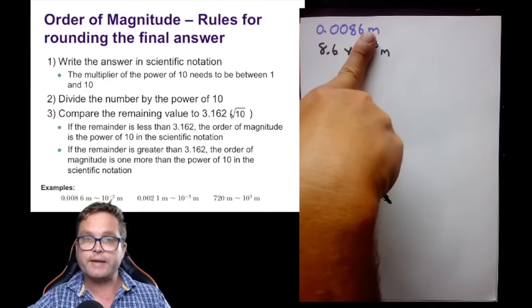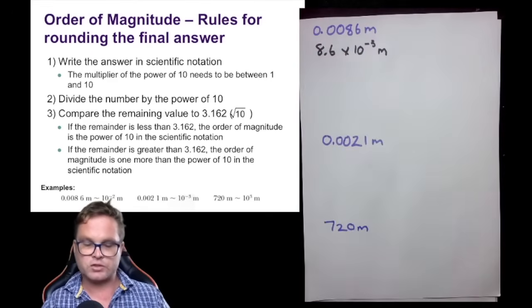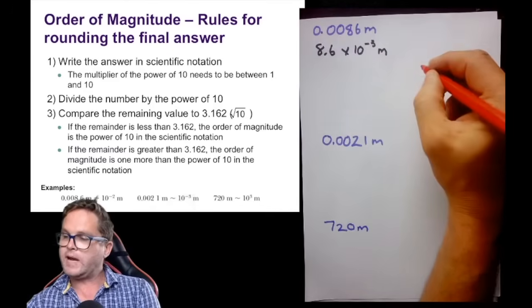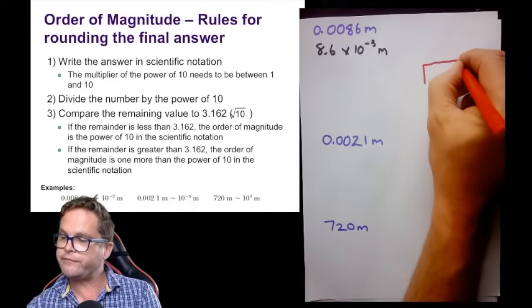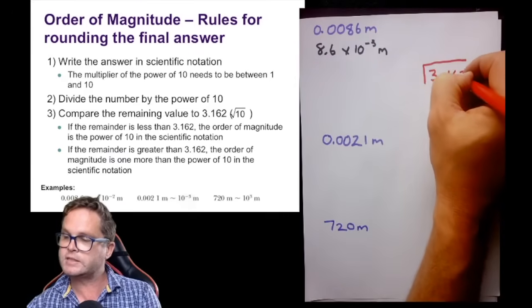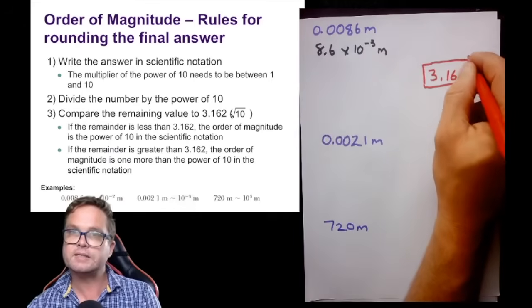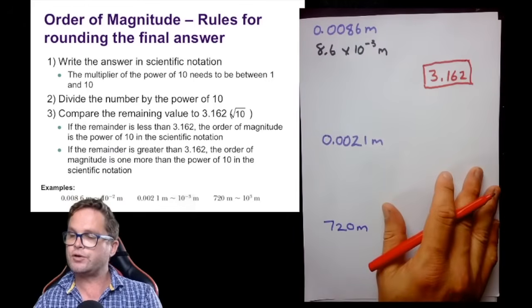In step 3 it says compare this number in front to the number 3.162, which is the square root of 10. So every time we look at the number in front, we're going to be comparing it to this number 3.162. And we're going to use this comparison to tell us how we should do the rounding.